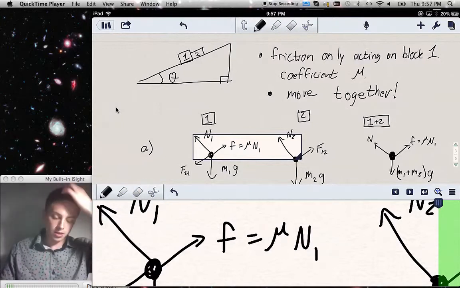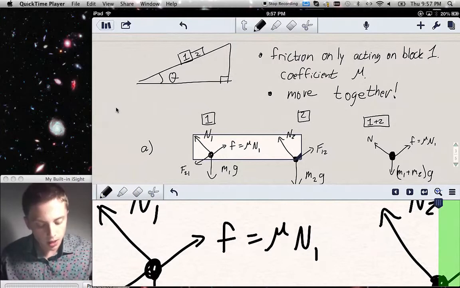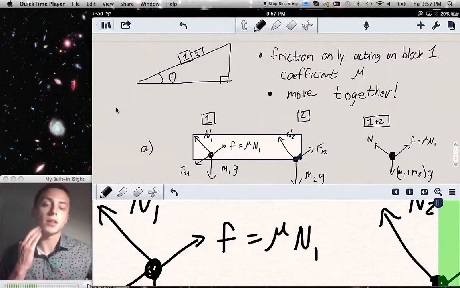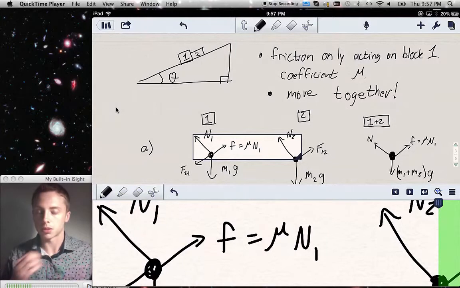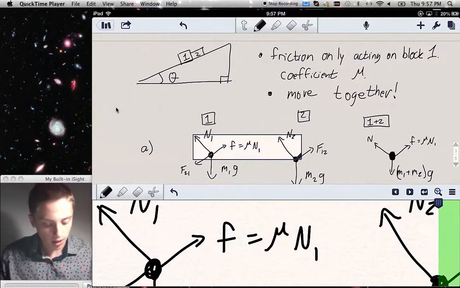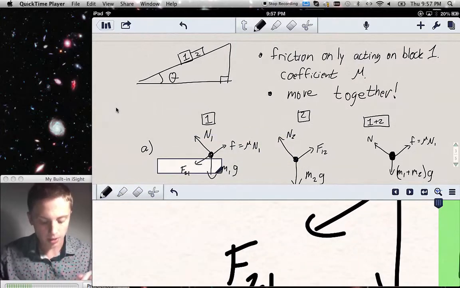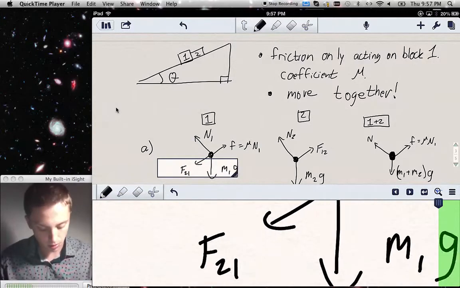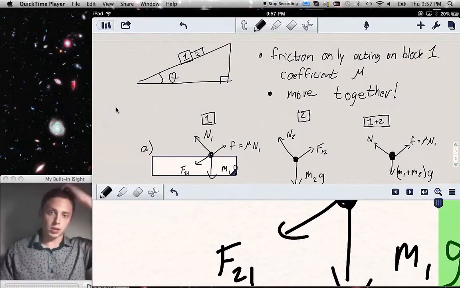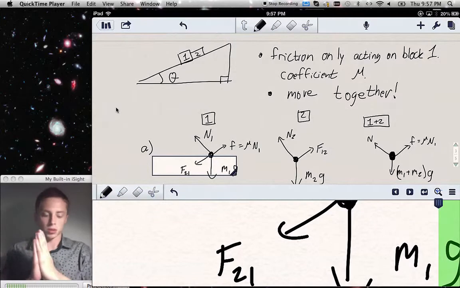So now that I fixed that, we have yet another surface in contact with block 1, and it has a component perpendicular to the interface between block 1 and 2.